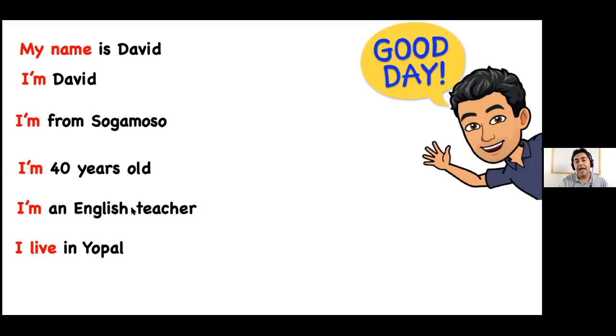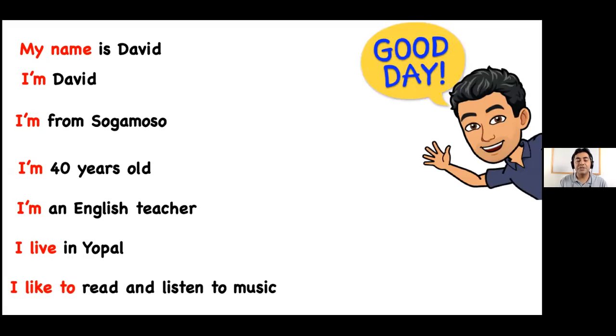Now, what happened here? Live, see, is simple present. So here I'm using a verb in simple present. Live. See? Do you know what live is in Spanish? So live means vivir, right? So I live in Yopal.